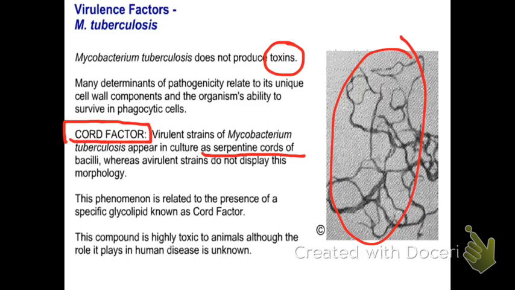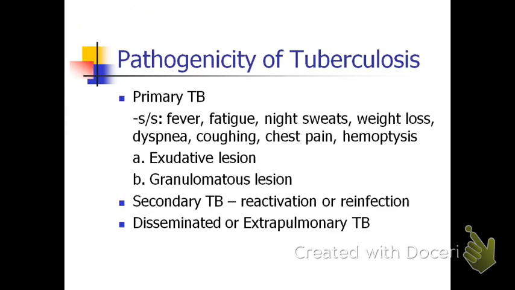Do you know that once our alveolar macrophage, this is the macrophage found in our lungs, phagocytize Mycobacterium tuberculosis, Mycobacterium tuberculosis is so virulent that they have the ability to survive inside the phagocytic cells. So, what will happen if you have tuberculosis? Then, you'll have the so-called primary tuberculosis, wherein the signs and symptoms would include, of course, fever, and this fever is usually seen in the afternoon.